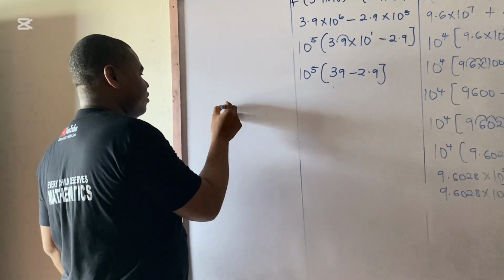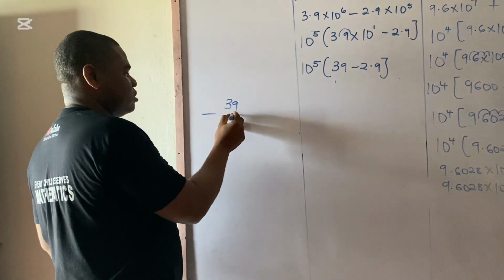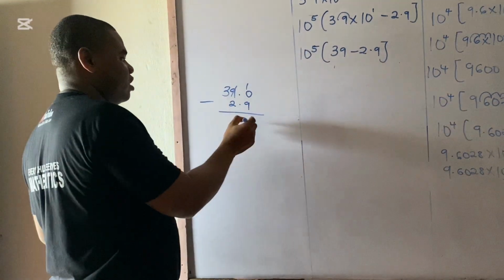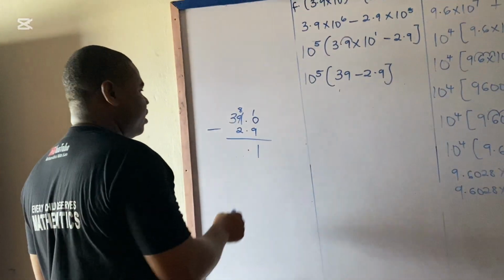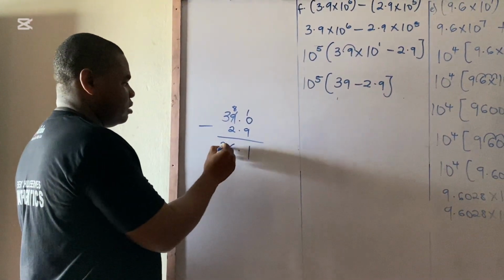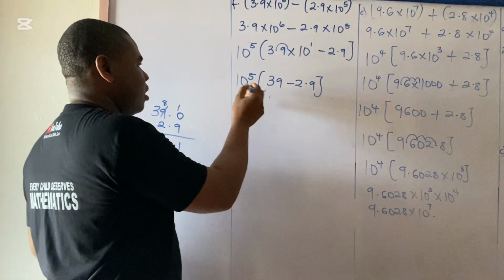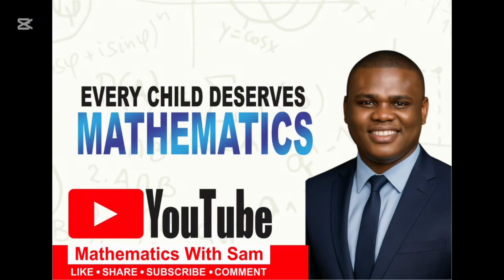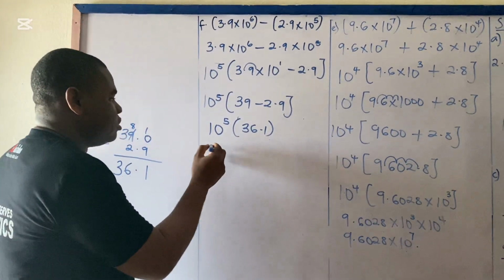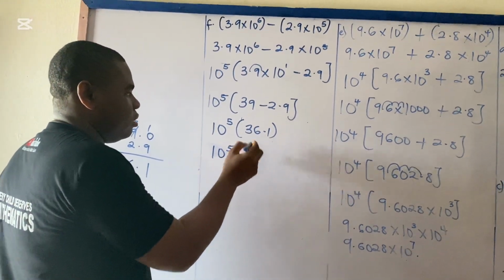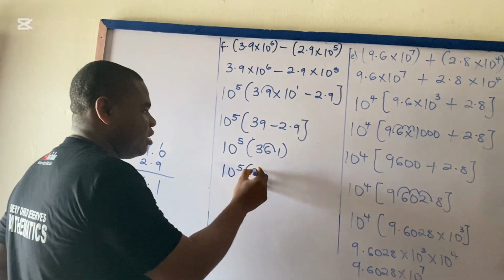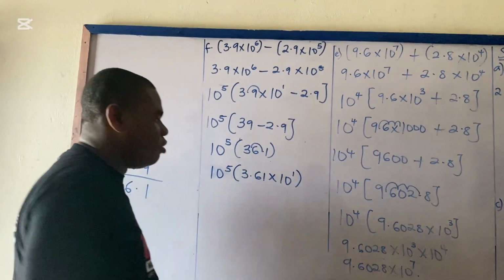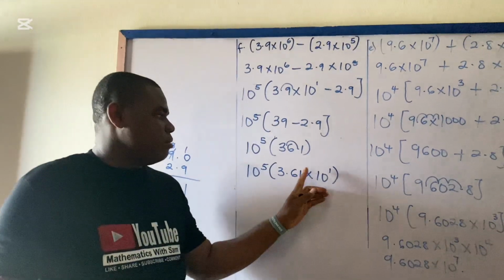Alright, so in this case we have 39 minus 2.9, which gives 36.1. So this will be 10 raised to the power of 5 times 36.1.